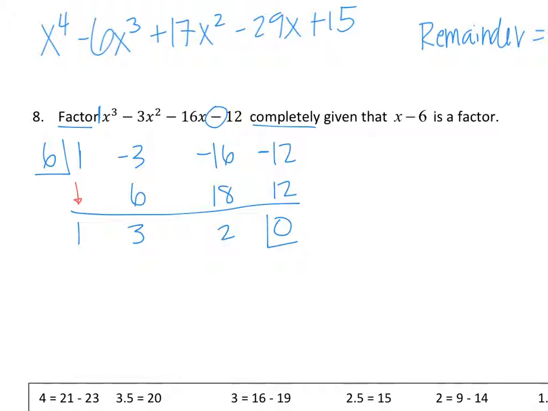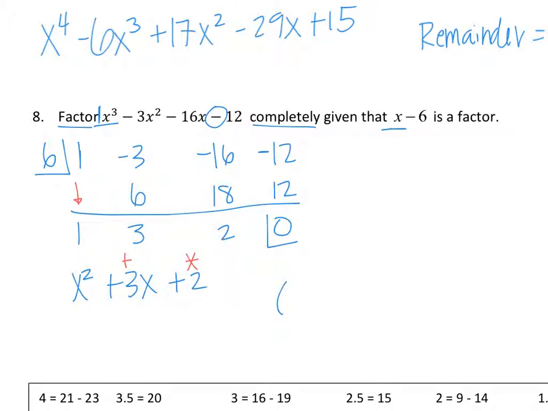Now we are going to put all these x's back in. So we started with x to the third, but we divided out an x. So now we have x squared plus 3x plus 2. And we want to factor that. So we want two numbers that multiply to 2 but add to 3.